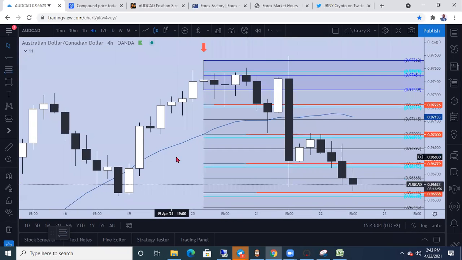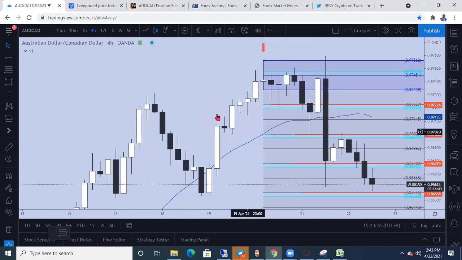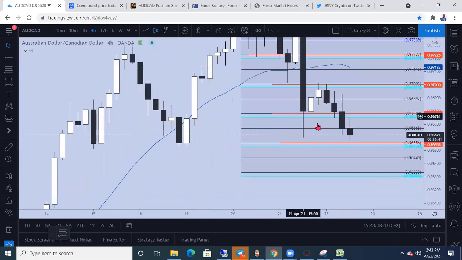Traditionally, I won't be anticipating TP4. Why? Because I see another H4 qualifying candle here, and there's every likelihood that price would react at this point. And even if it breaks it down, I would want to harvest something out of here. I'm not in the business of guessing that price is going to pierce through this place. Yes, it might, but this is an H4 qualifying candle.